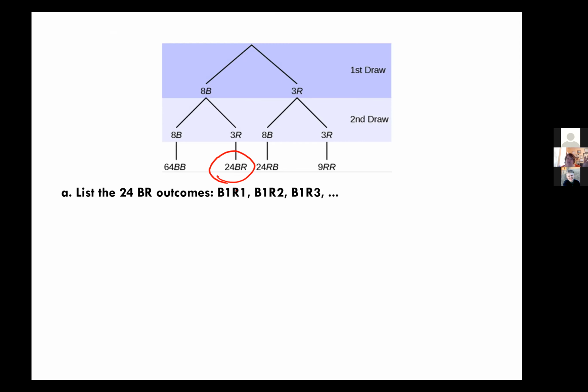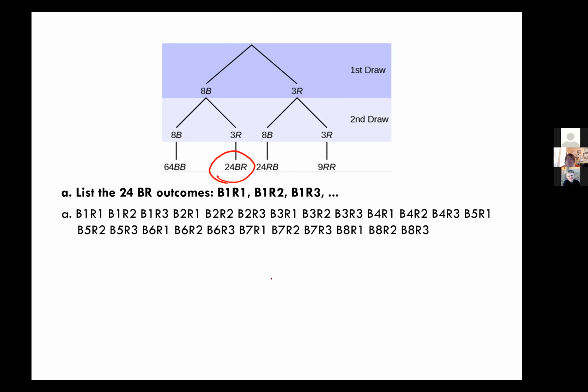So each of the B's, we can get a different red. So B1, R1, B1, R2, B1, R3, B2, R1, B2, R2, B2, R3, B3, R1, etc.